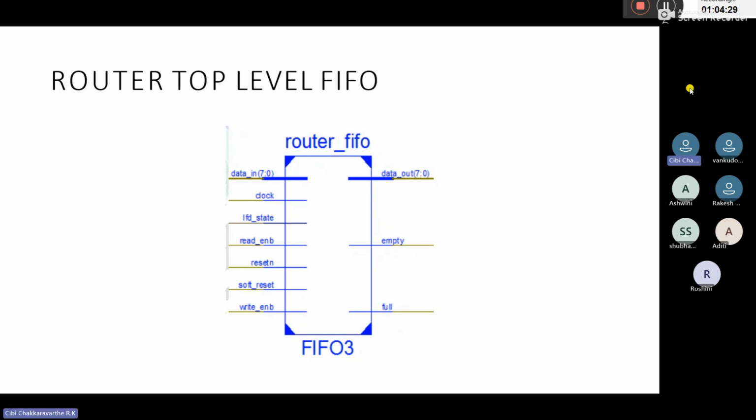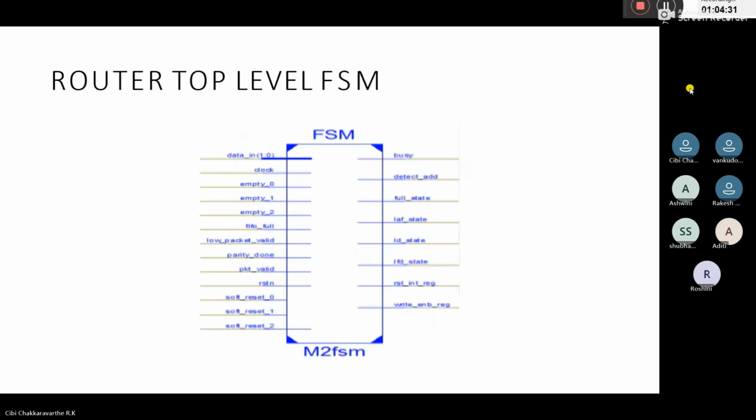And then the router FSM. FSM is basically like a brain. It will control: if at present we are in the address decode state, then what is the next state, and what is the process after that?